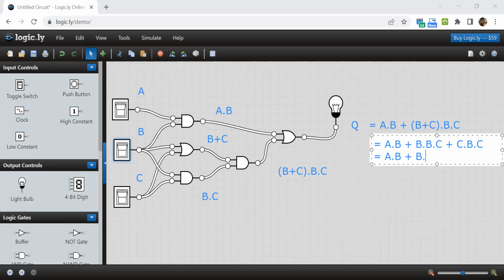B. So the second term is B dot C. Then we will have C dot B. We know that C dot B is equal to B dot C, so we can write like this. Now this is equal to A dot B plus B dot C plus B dot C. Right. Now we have A dot B plus B dot C plus B dot C.